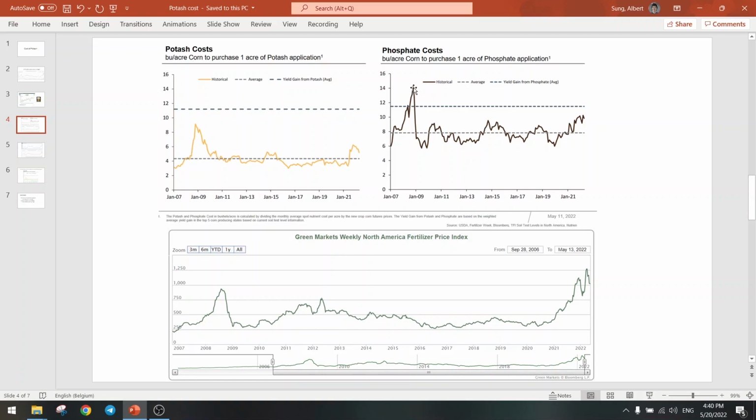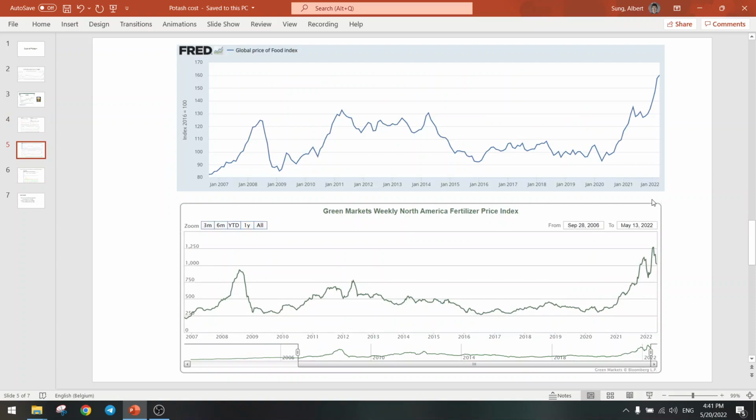So phosphates don't look that great in my opinion, while potash is currently still very profitable because of this large margin. Do you understand this? So that's why I think the demand for potash is always going to stay strong.